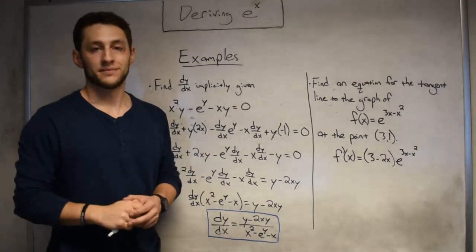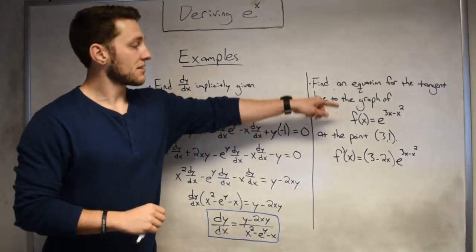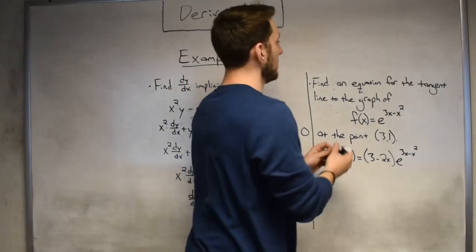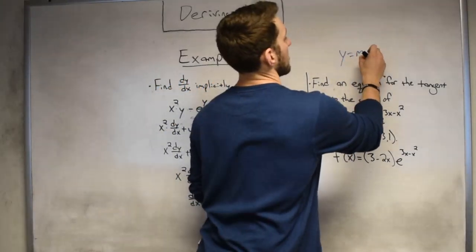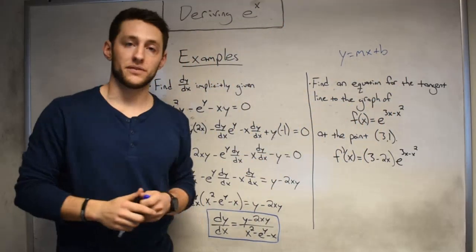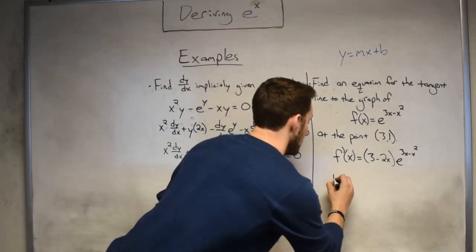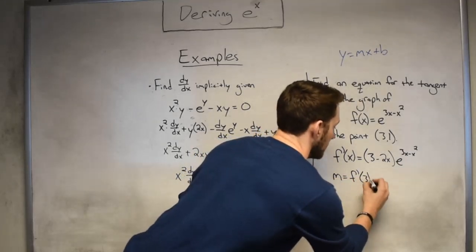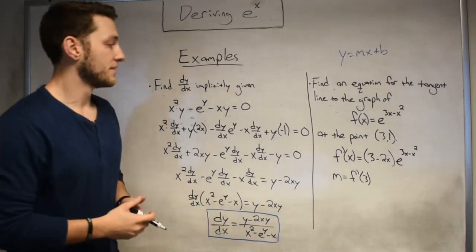That's our derivative. To get the slope of the tangent line, because remember we're after something of the form y equals mx plus b, we plug our point into the derivative. So m better equal f prime of 3. Plug in x to the derivative.